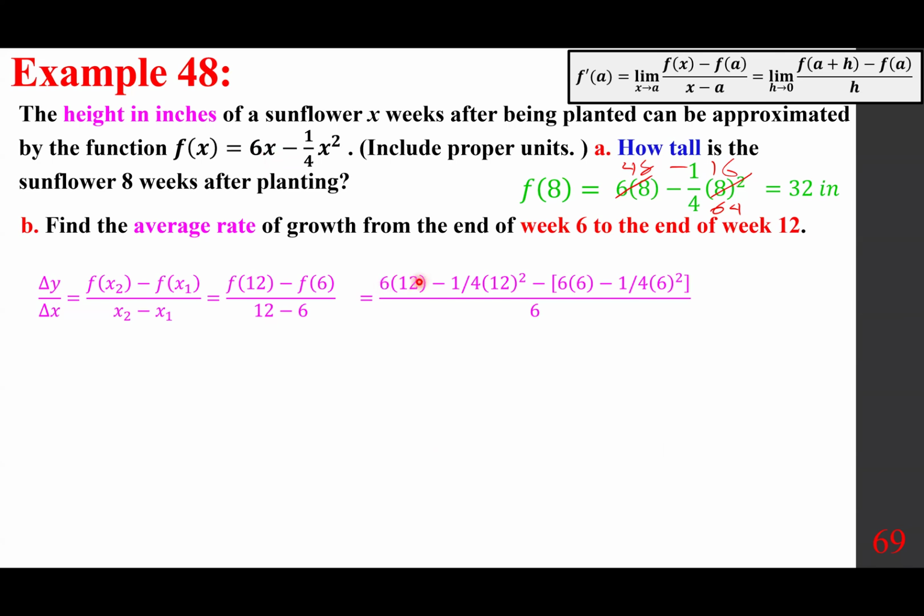So 6 times 12 is 72. 12 squared, 144. 1/4 of it is 36. So we have 72 minus 36. 6 times 6 is 36. This is also 36. 1/4 of it is 9. So 36 minus 9.